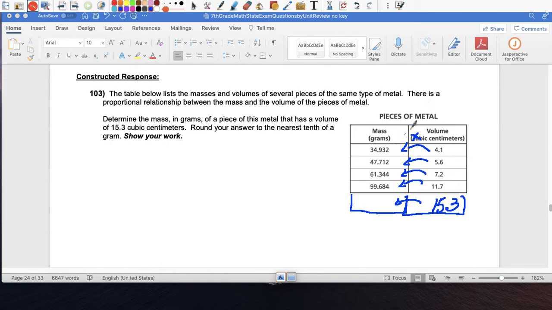My number seems like it's 8.52. That seems like the multiplier. Try another point: 47.712 divided by 5.6, and again you get 8.52, so that is our multiplier. So simply 8.52 times 15.3 would have gotten your number. Let's round it to the nearest tenth: 130.4.